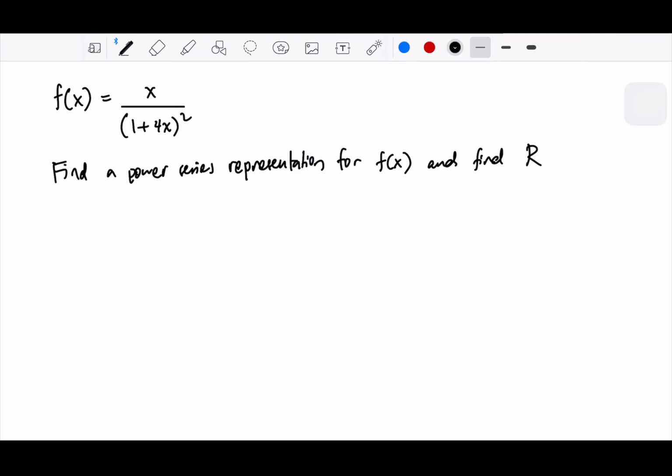So we can start with maybe 1 over 1 plus 4x, and then try to integrate, and try to differentiate, and see what is the form. Okay. And then you need to force it to make it into our intended function, which has x.